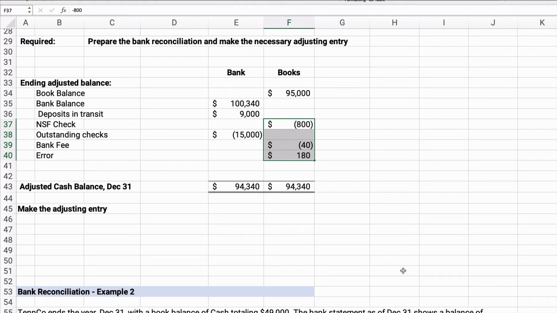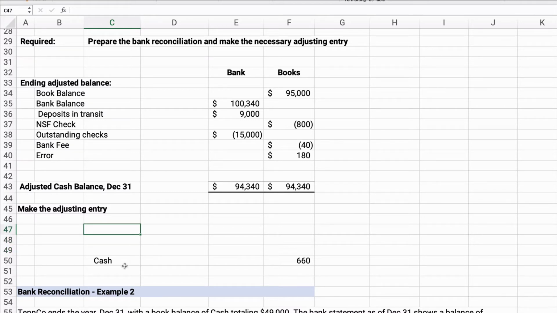So we need to make an entry that reduces our cash for these items, and it's $660. So we're going to set up, I'm going to credit cash for $660 because cash goes down. And what else do we need? We need a non-sufficient funds check.